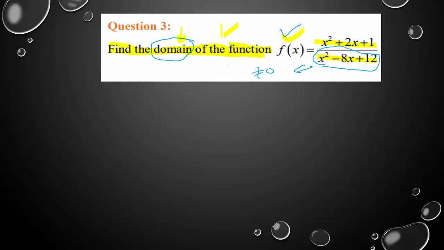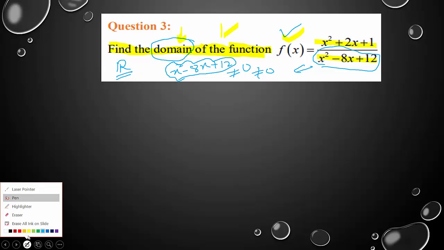That means x square minus 8x plus 12 must be not equal to 0. You have to find the points where this term is going to be 0, and delete those points from your real set, that is real number R. First, understand the problem very carefully.